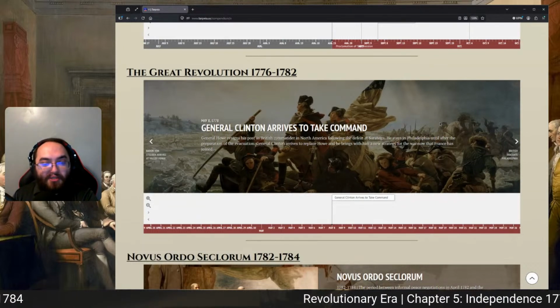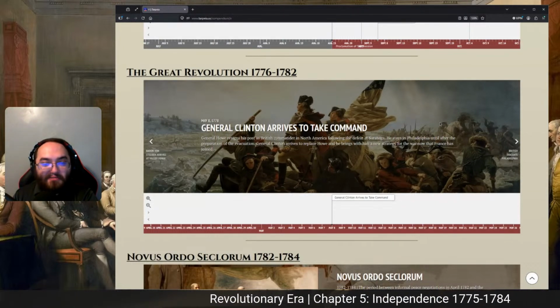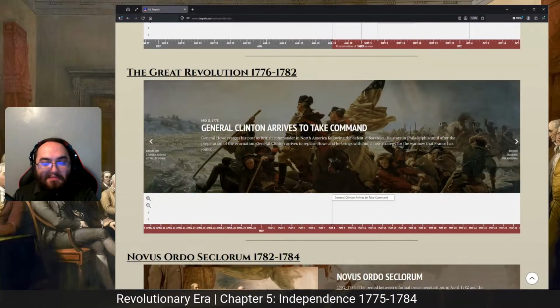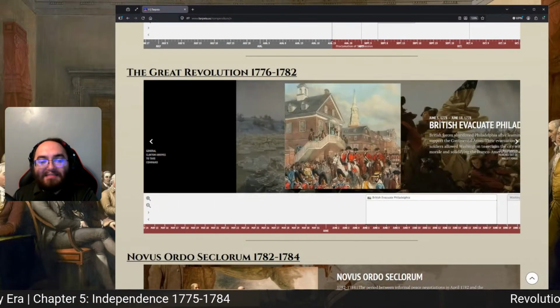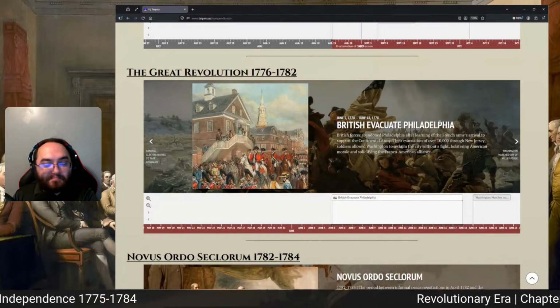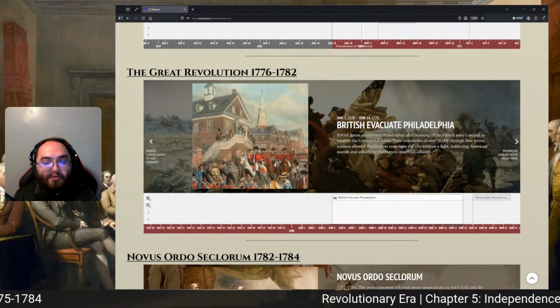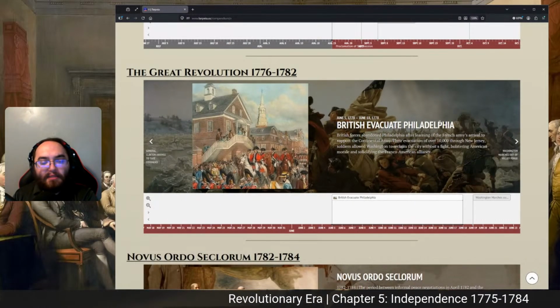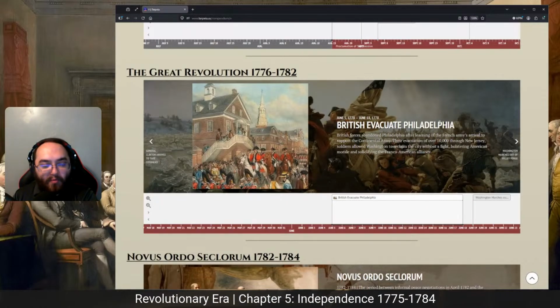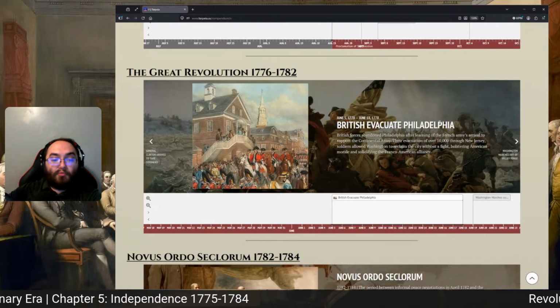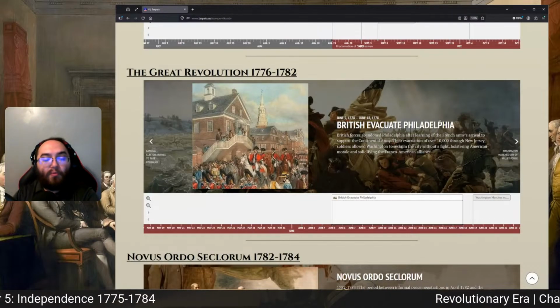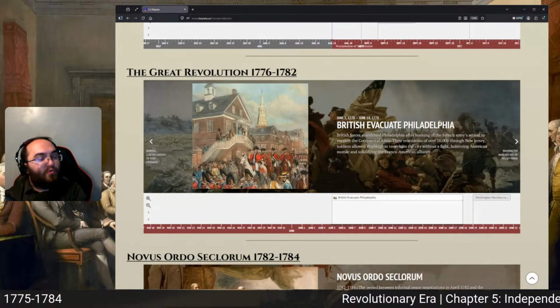His strategy will be to sit still and just let someone else fight. So, not really a good strategy. From June 5th to June 18th, the British will evacuate Philadelphia and march through New Jersey on their way back to New York.